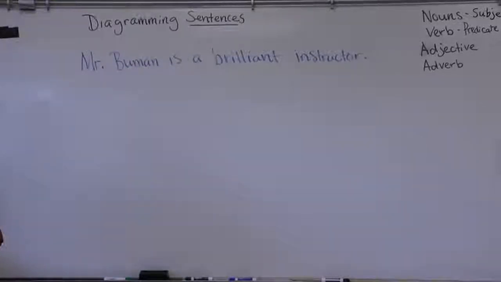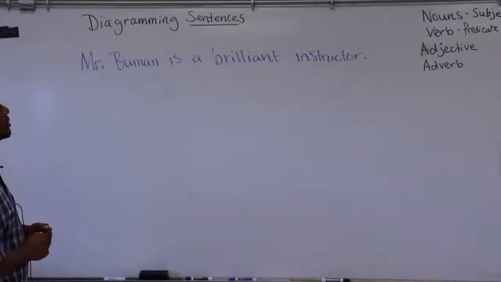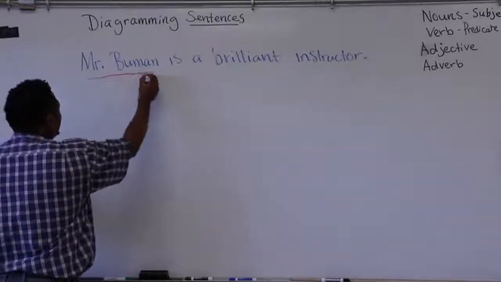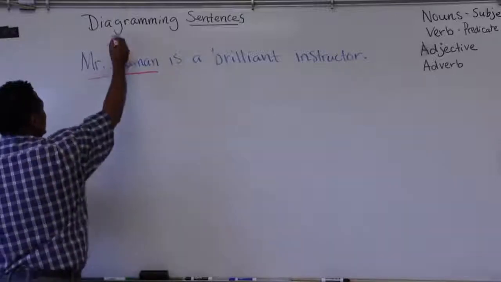So the third part of our sentence diagramming in this third example would be using predicate adjectives. And remember, adjectives describe nouns. Okay, in this sentence, Mr. Boomin is a brilliant instructor. Okay, Mr. Boomin is the subject.